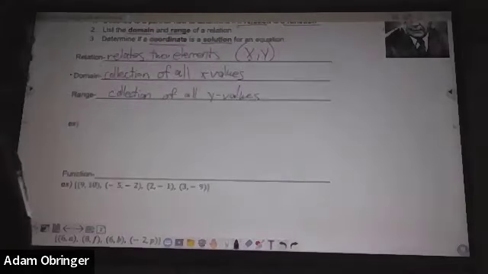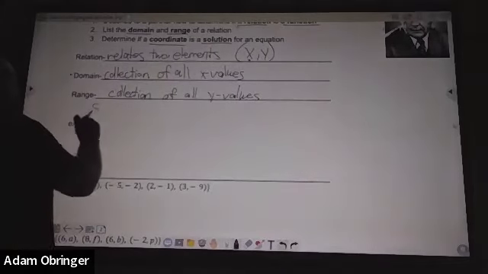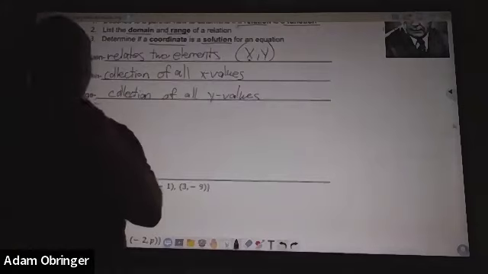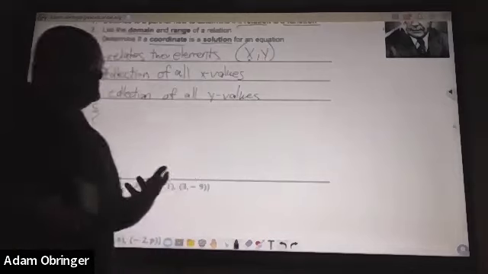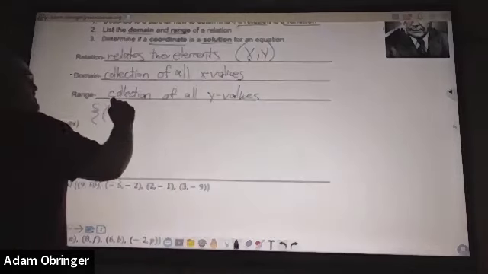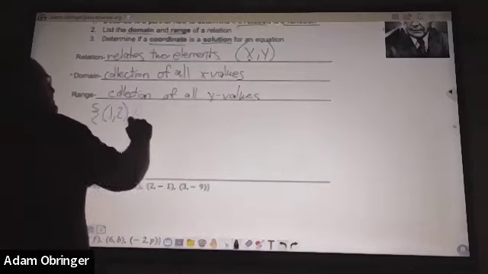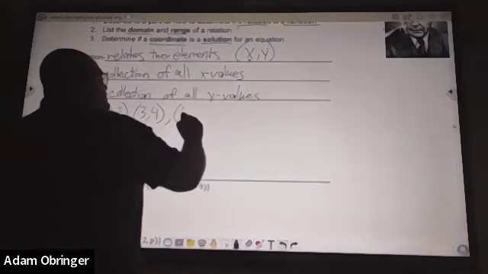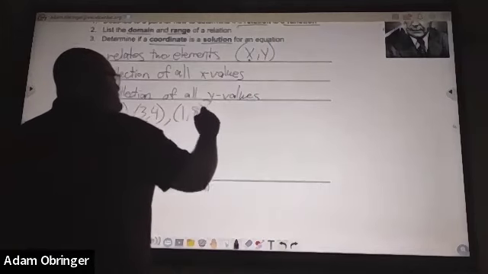An example that I might draw out, we use this symbol. It's a curly bracket to contain a group of things. So let's say I contain the coordinates (1, 2), (3, 4), and (1, 8).